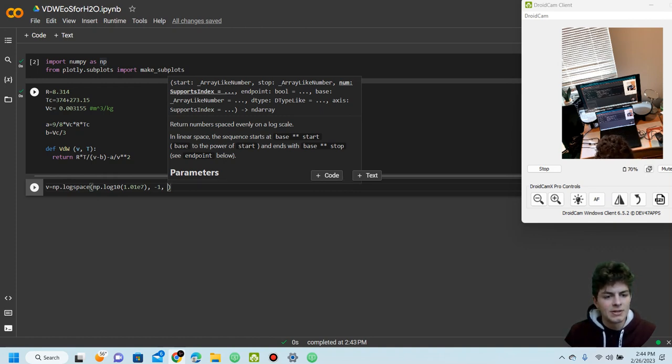Perfect. So that's going to be our log space. Yeah, that looks about right. So some super small number to some pretty decently large number.